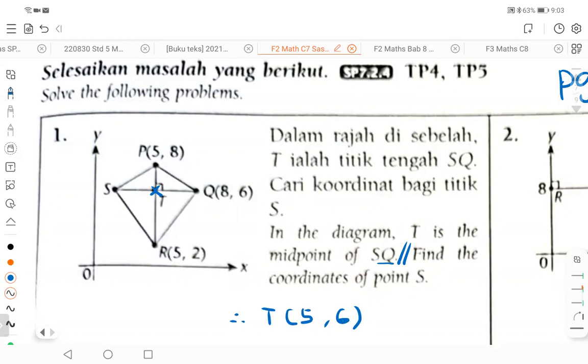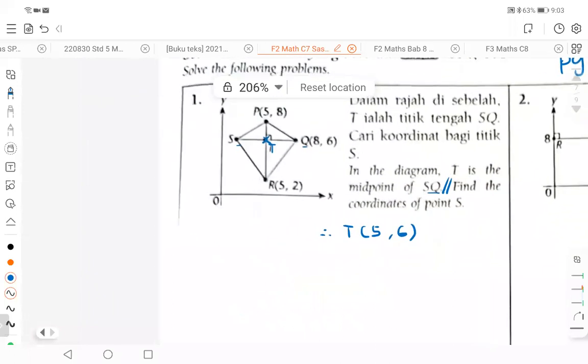T is the midpoint of S and Q. When you want to find the midpoint, remember how we do it? List down the coordinates. But what is the coordinate of S? We don't know, so we can just leave it as (x, y).